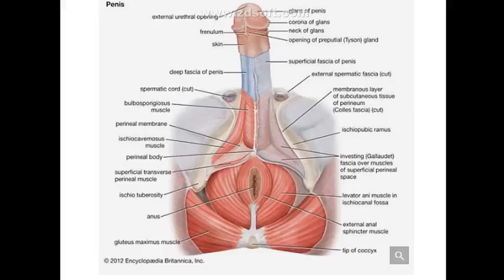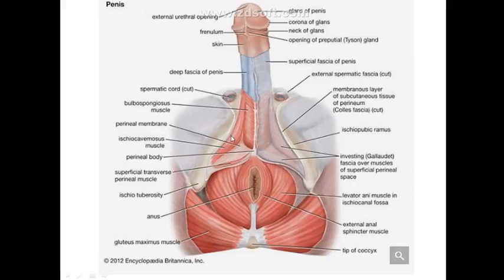Therefore, the fixed part, or the root of the penis, is formed of the right crus and left crus, and in the middle is the bulb of the penis. And you can see that the crura are attached to the ischiopubic rami, which are formed of the inferior pubic ramus and ischial ramus. The ischiopubic rami are sometimes called the pubic arch.